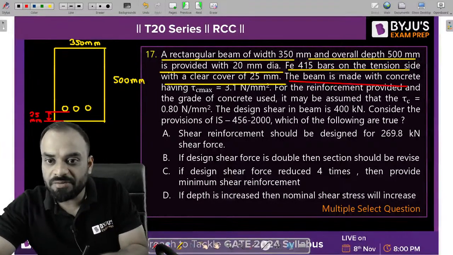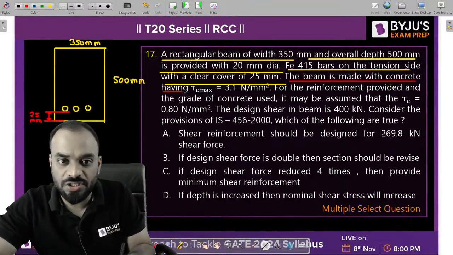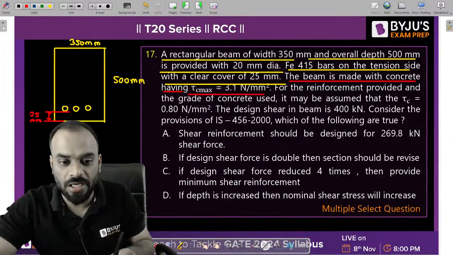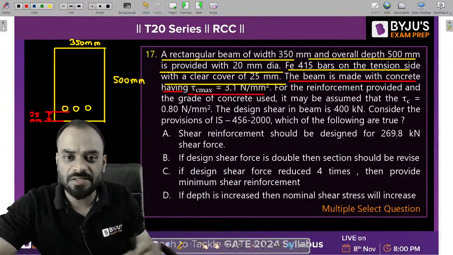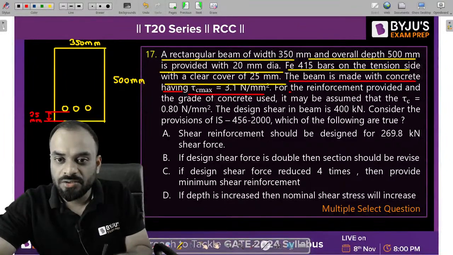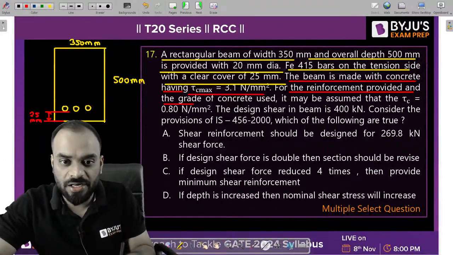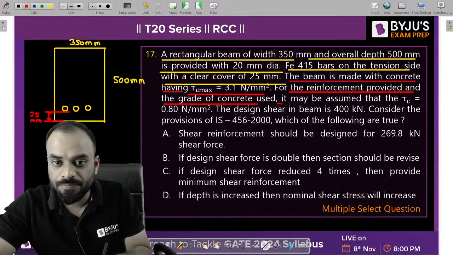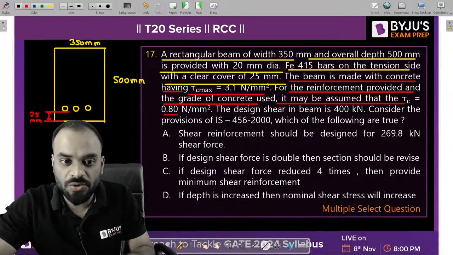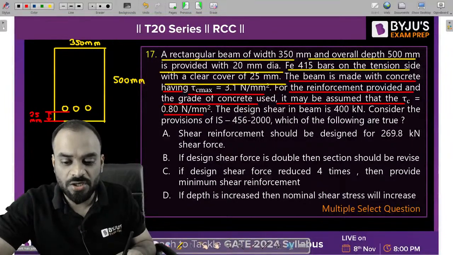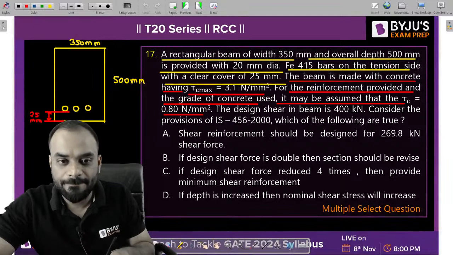The beam is made with concrete having tau c max equal to 3.1 Newton per mm square. The value of tau c max is given to us and for the reinforcement provided and the grade of concrete which we are using over here, it may be assumed that tau c is equal to 0.8. Okay, so there are two values which are given to us.